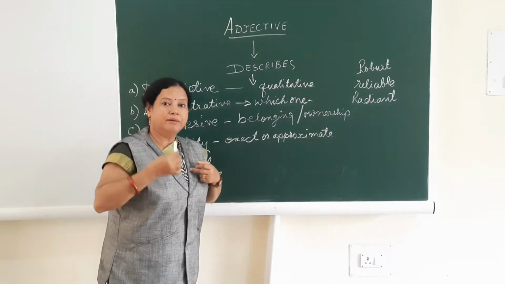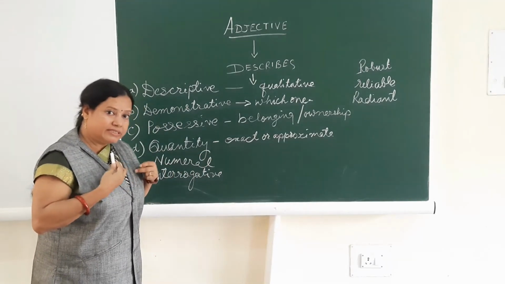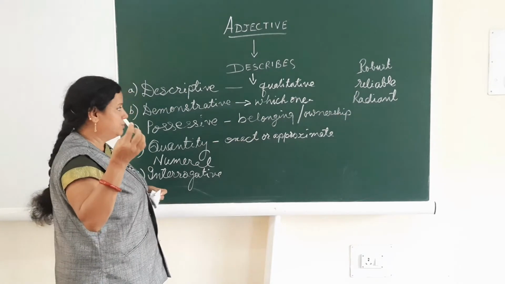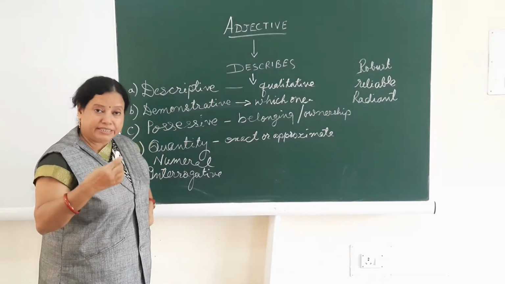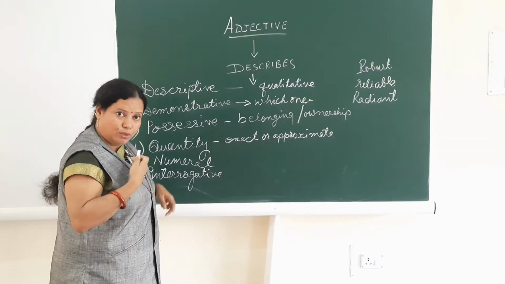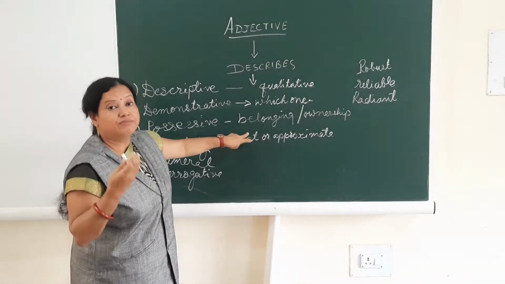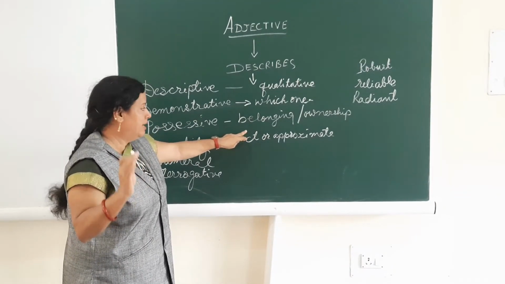This chalk is mine. It is showing belonging. Mine is a possessive adjective. This handkerchief is mine. It belongs to me. So it is possessive. Mine, his, her, these all are possessive adjectives.